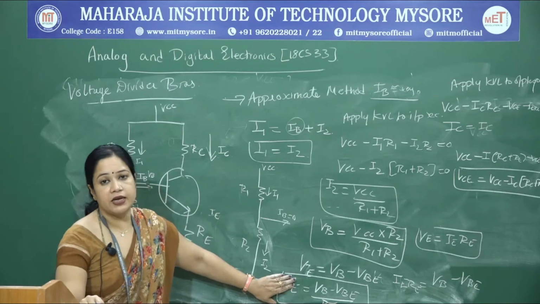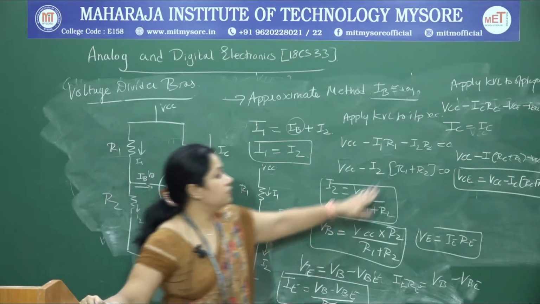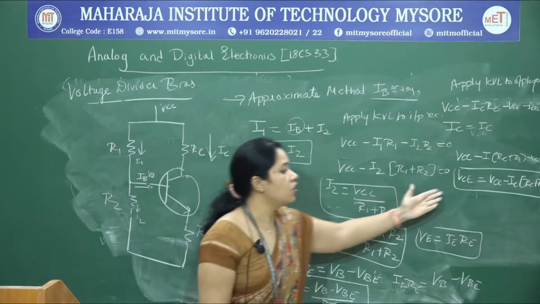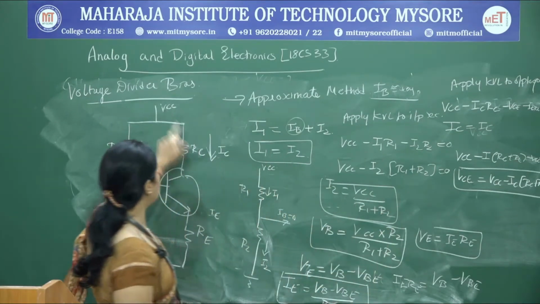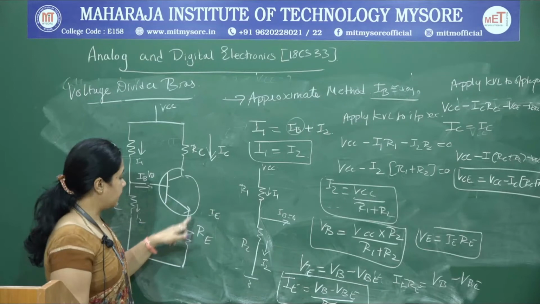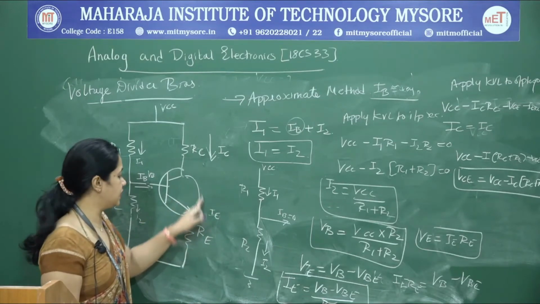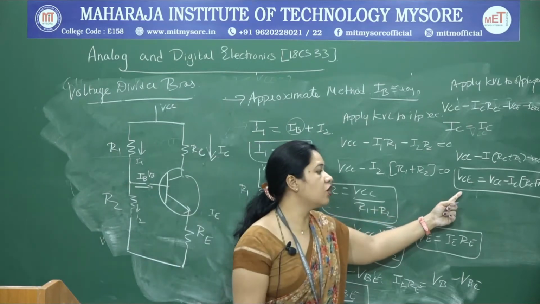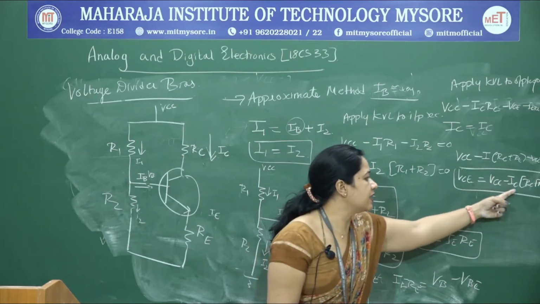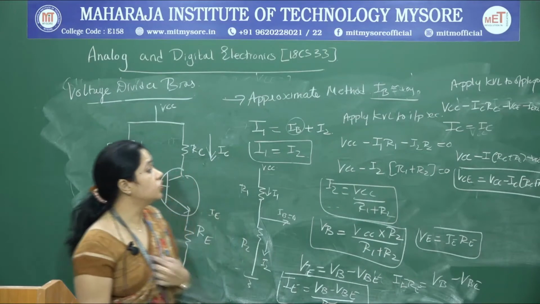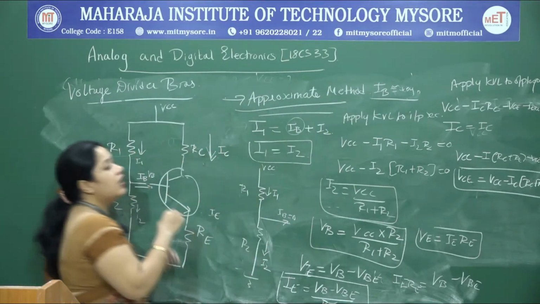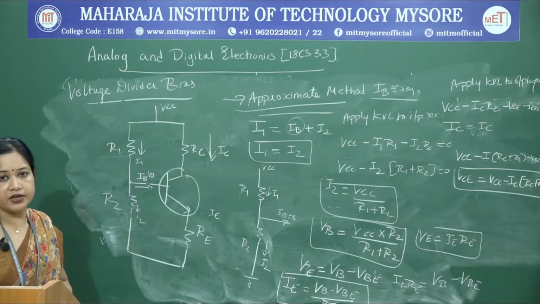So, with this we are determining the output current, and applying KVL to the output loop, VCC minus IC RC minus VCE minus IE RE is equal to 0, you get an expression for output voltage, which is VCC minus IC into RC plus RE. So, this is the approximate method of analyzing the given voltage divider circuit.